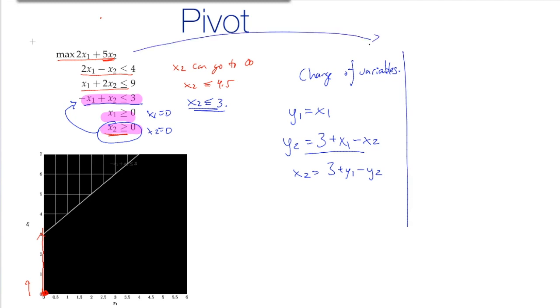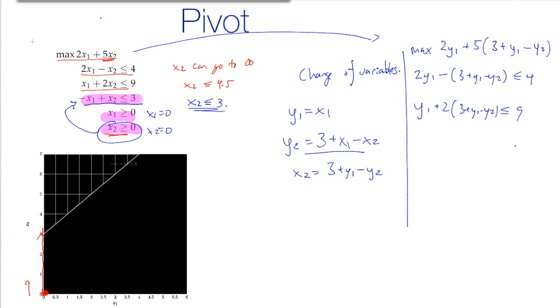and so now what I'm going to do is go through this original program and replace everything that had x1 with y1. So a similar version of this program is going to be 2y1 plus 5 times (3 plus y1 minus y2). And the constraints are going to be 2y1 minus (3 plus y1 minus y2) upper bounded by 4. y1 plus 2 times (3 plus y1 minus y2) is going to be less than or equal to 9.